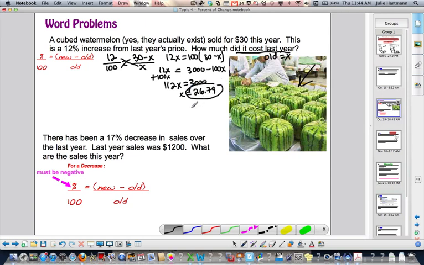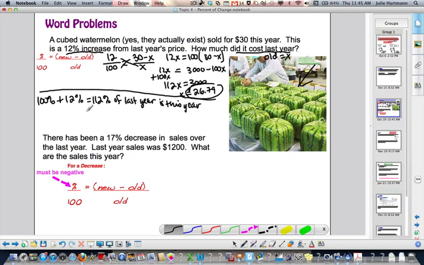The other way to look at that is you say, a 12% increase from last year's price means this year it cost 112% of last year, because you have your 100%, it's an increase, so plus 12% gives you 112% of last year. That is this year.